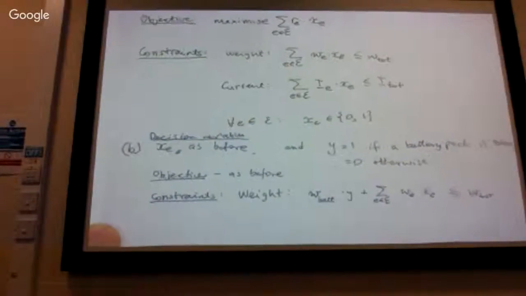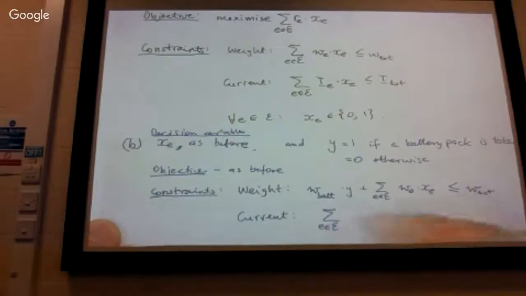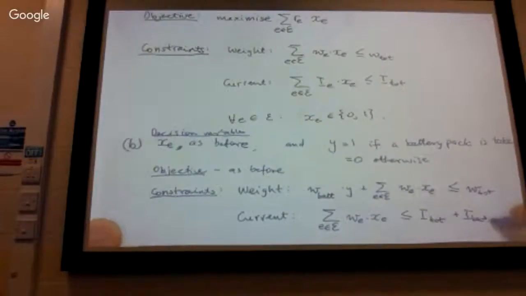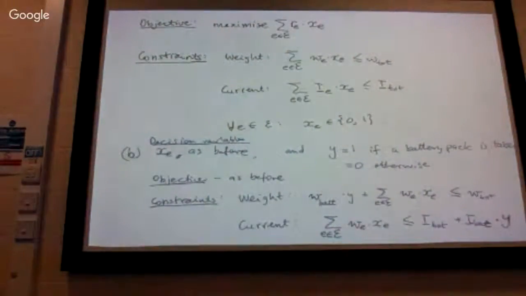The current that is required is still the same, but the current that is now available is increased by I_bat if we decide to take the battery.